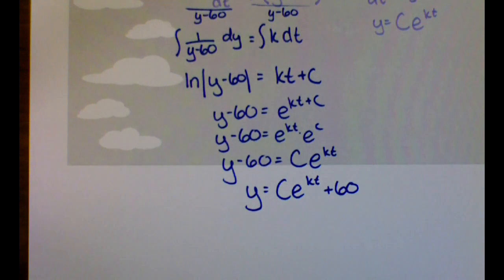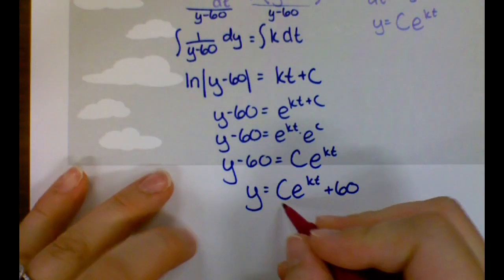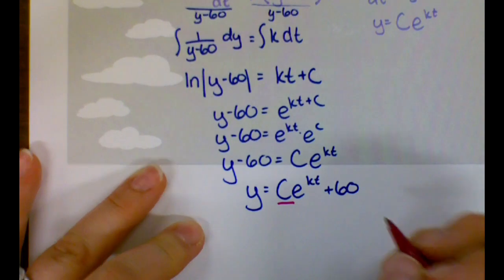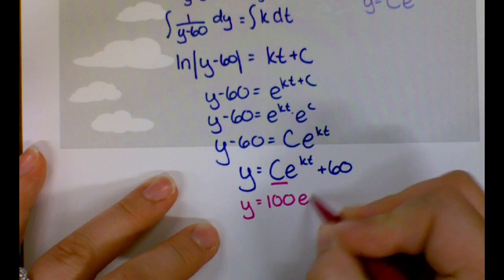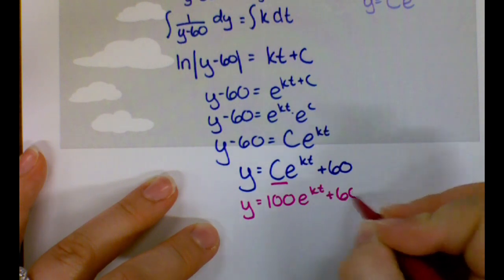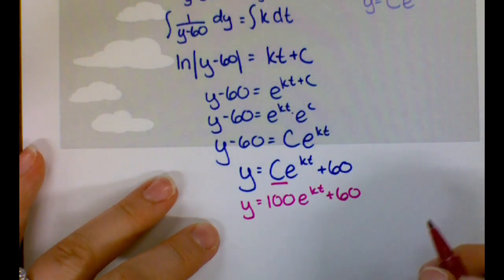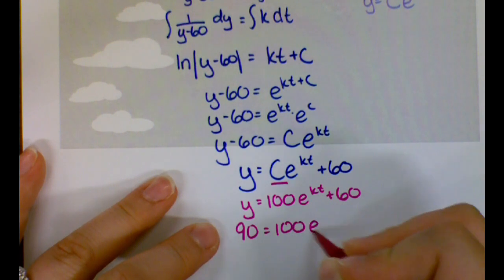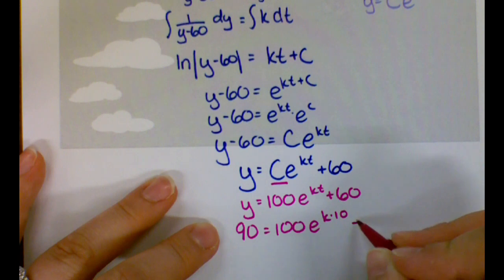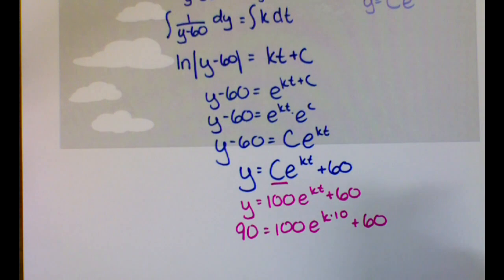Now we can get some of our work going. The object cools from 100 to 90, which means our initial temperature is 100. So y equals 100 e to the kt plus 60. We know it cools to 90 in 10 minutes. So 90 is the new temperature, 10 minutes is the time. Now we can solve for k.